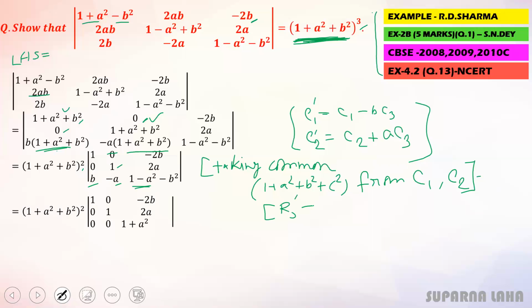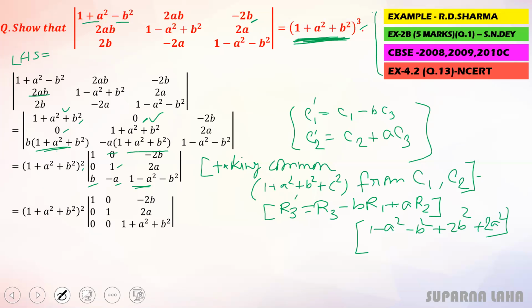R3 dash is given by R3 minus b into R1 and plus a into R2. So this value will be given by 1 minus a square minus b square, plus 2b square, plus 2a square. So this value is 1 plus a square plus b square.